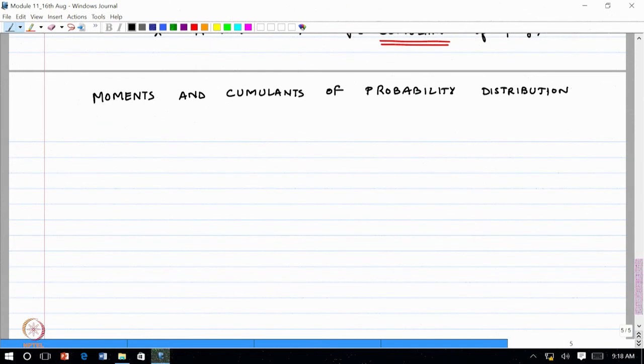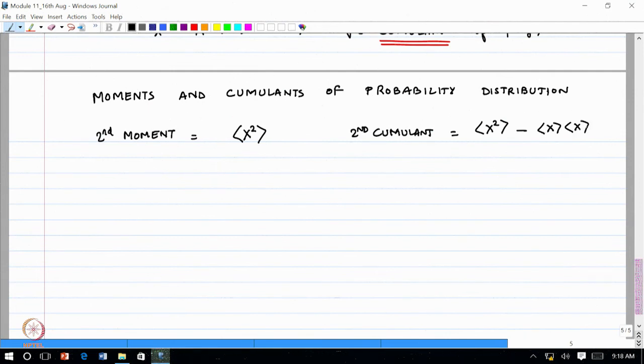The second moment is equal to the average of x square, and the second cumulant is equal to the average of x square minus the average of x times the average of x.